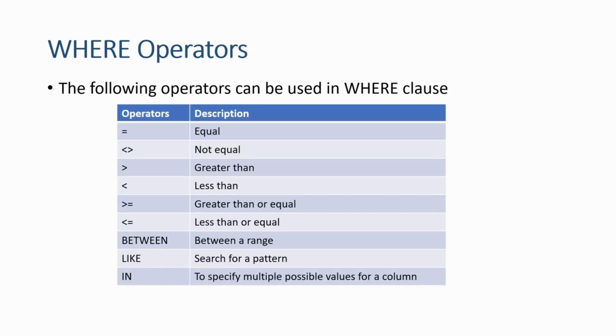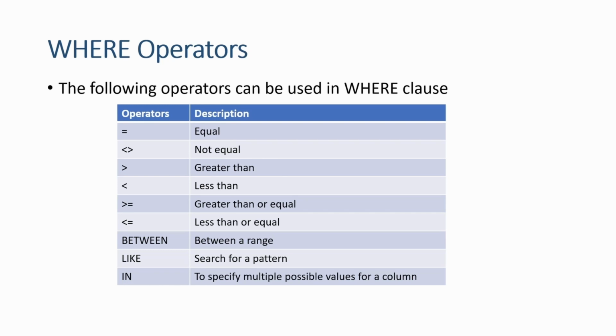The following operators can be used in the where clause. The first ones are the basic ones: equals to, not equals to, greater than, less than, greater than or equal to, less than or equal to, between, which basically searches within a range, the like operator, which basically searches for a particular pattern, and the in clause, which is used to specify multiple possible values for a column.